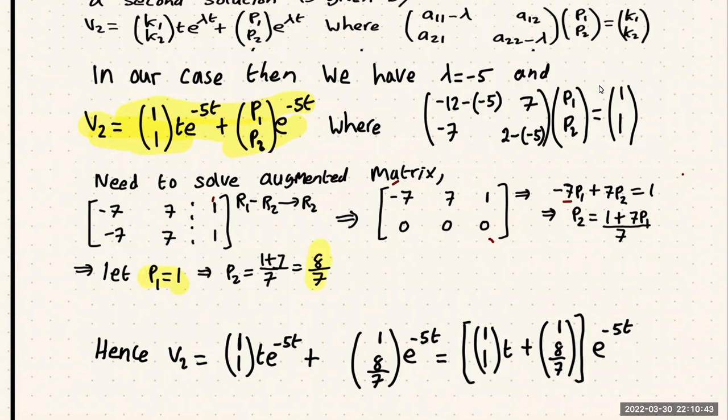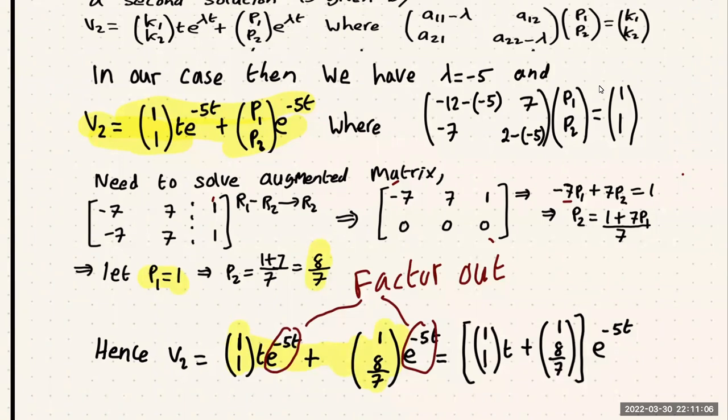Okay, so that's how I got this done. Then I can factor out the e's here and here, put it on the outside. And we can write a solution like this. Okay, so let's keep going.